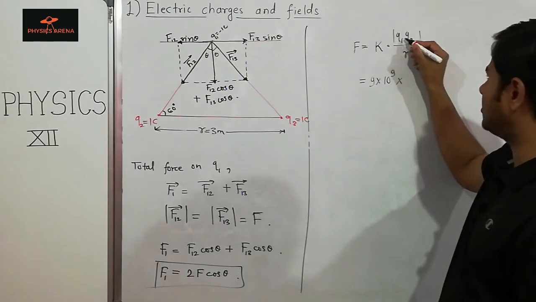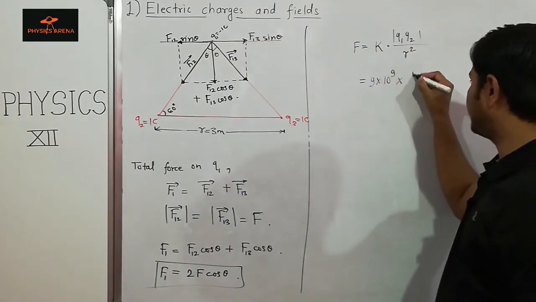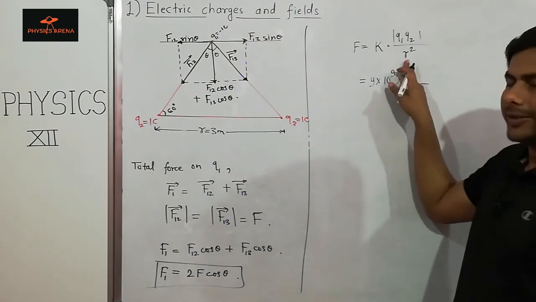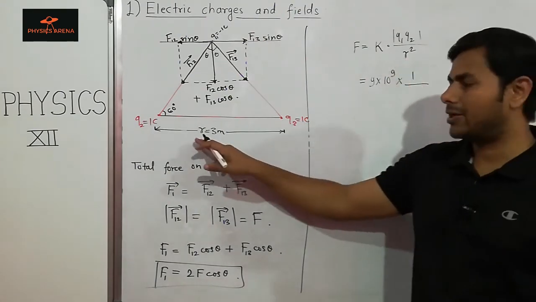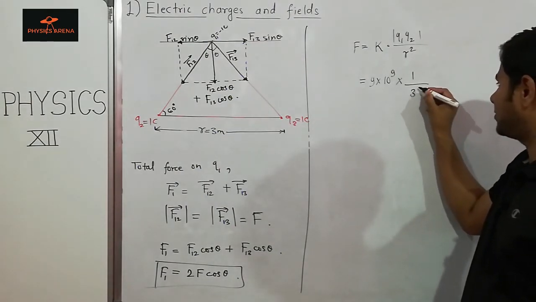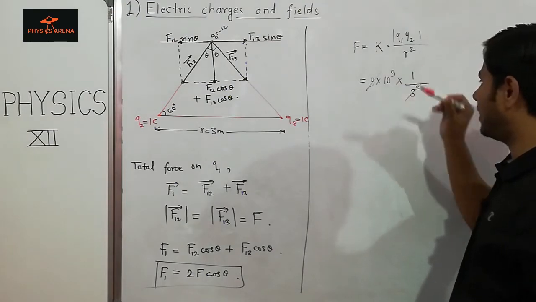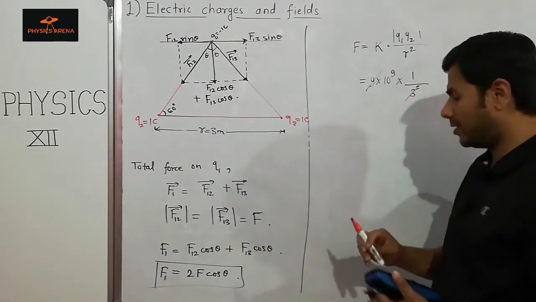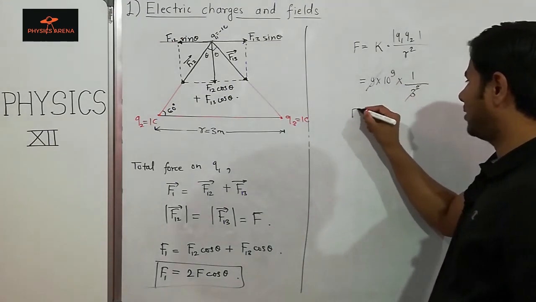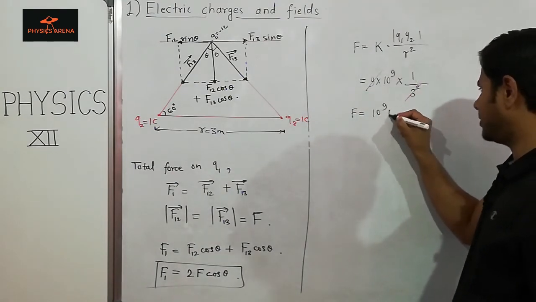So this is -1 into 1, and we are taking mod of that, which is equal to 1 divided by R squared, and we have taken R equals 3 meters. So this is going to be 3 squared, which is 9. So this 9 and 9 get cancelled. So we have F equals 10 raised to 9 newtons.